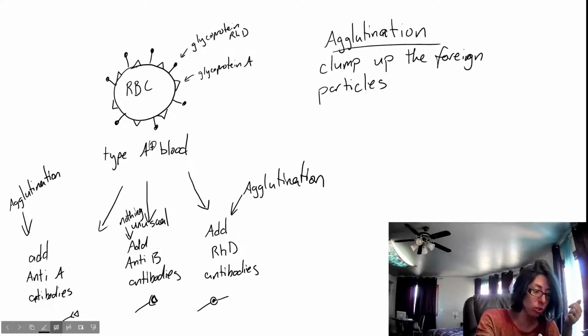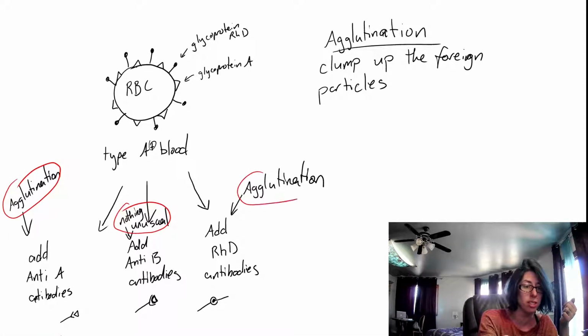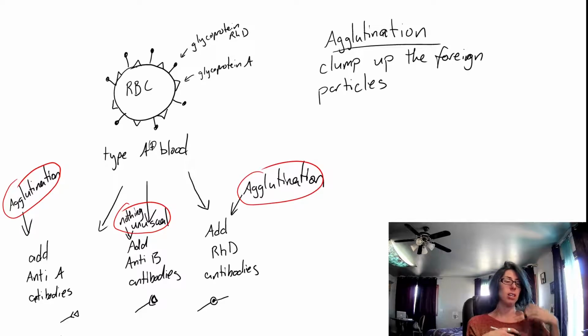And I'll circle the outcomes here of our tests of adding these various antibody types. So if you see agglutination when you add anti-A antibodies, no agglutination when you add anti-B antibodies, and you do see agglutination again when you add the anti-RHD antibodies, what you know is that this person has the A glycoprotein on their blood that the anti-A antibodies are attacking.